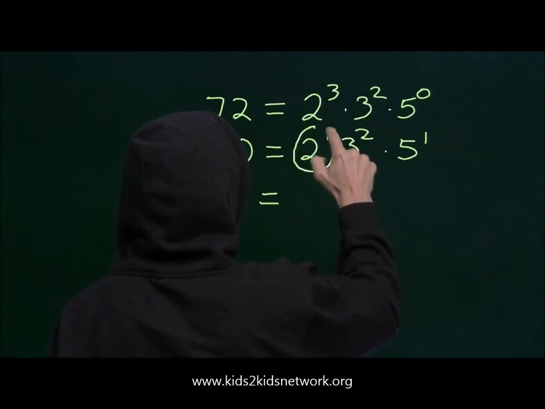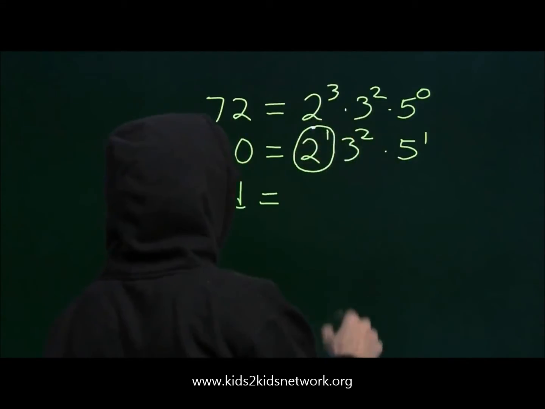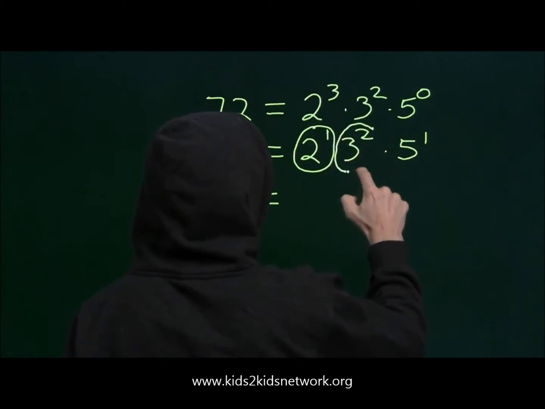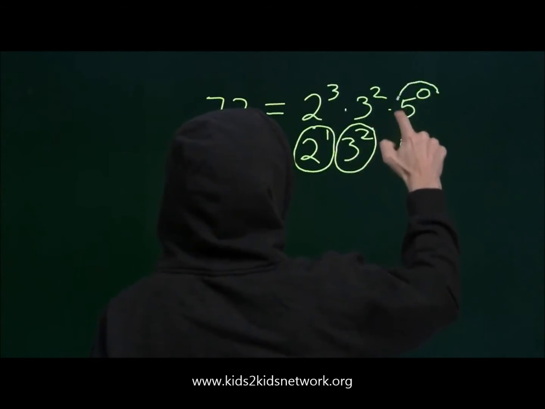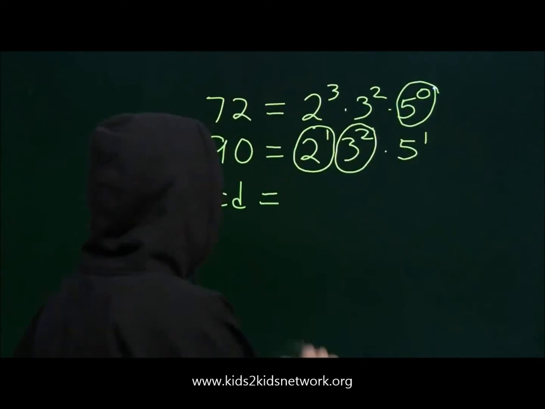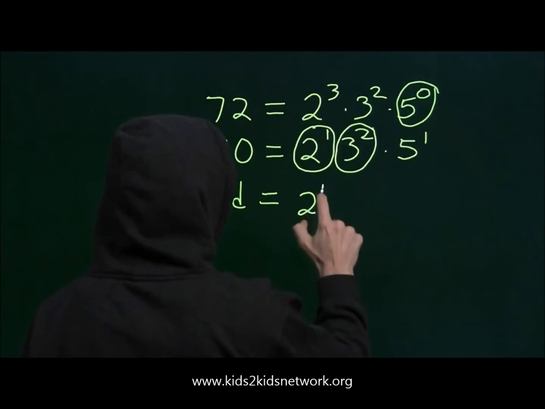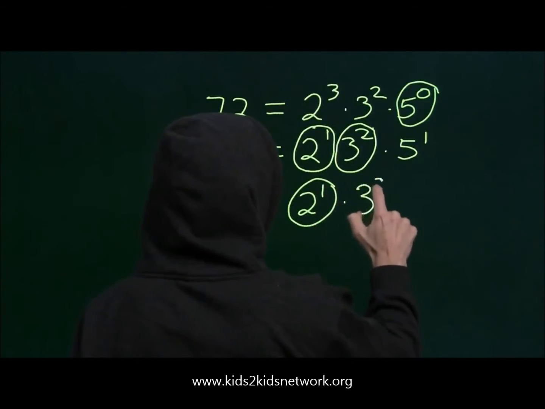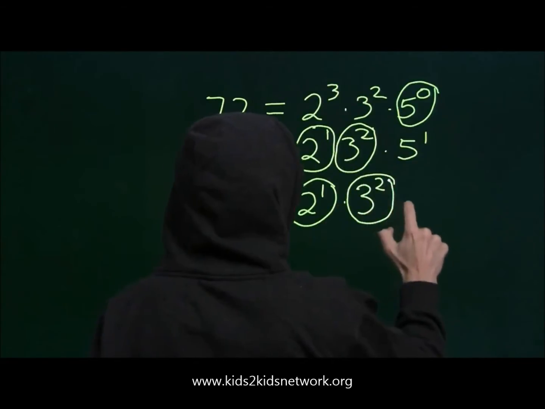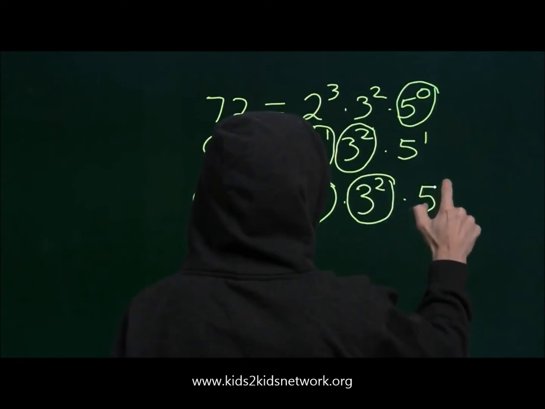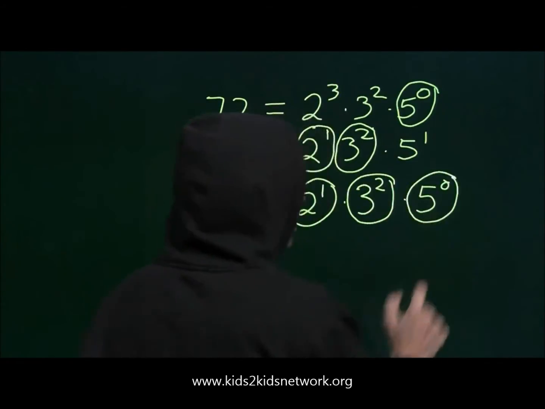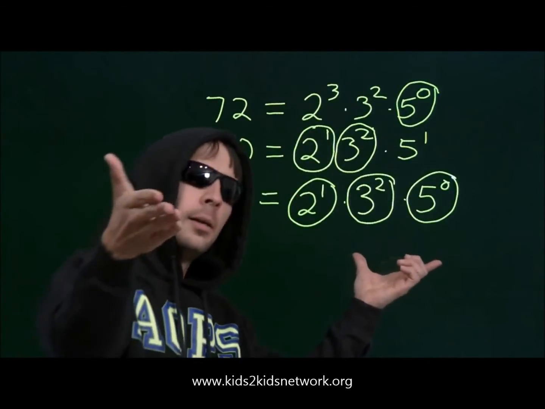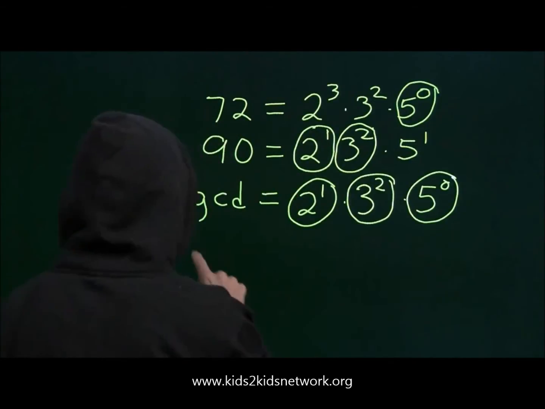So I want this one. And it doesn't matter which of the 3's I take. I'll take this one. And I have to take the lowest power of 5. I take that one. All right, so I get my 2 to the first. And because I like pretty symmetry, I'm going to go ahead and circle them down here. All my circled powers go together to make my GCD.